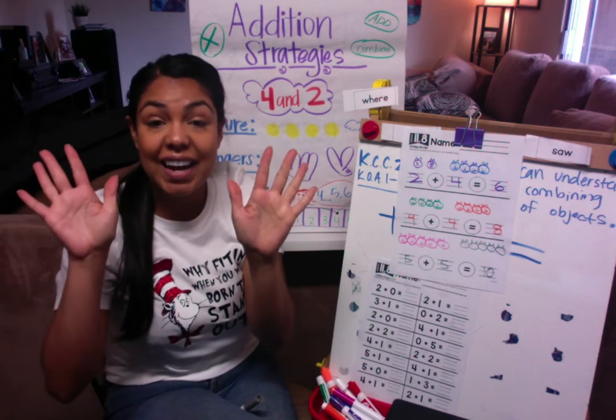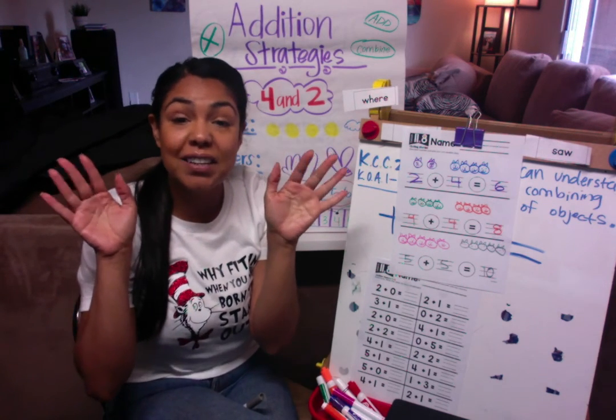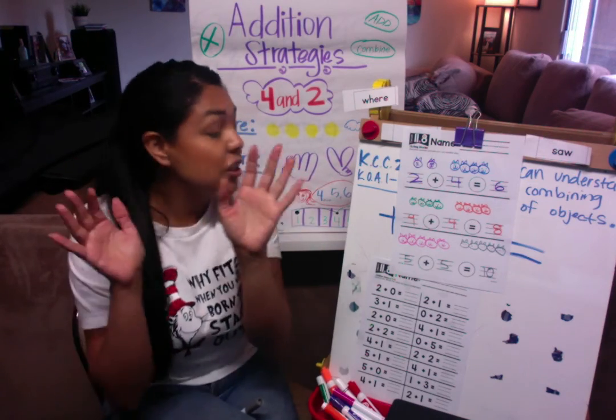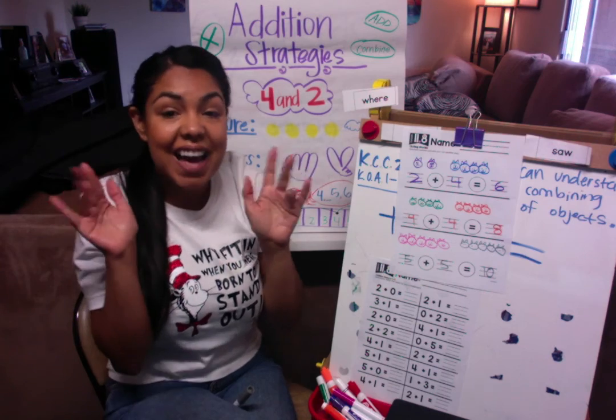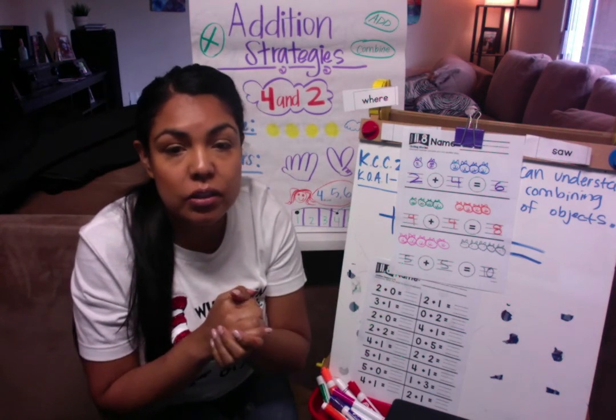Good. So she added using what? Her 10 fingers. Good, Marissa. I love it. So can we use fingers to count, boys and girls? Yes. Good job, Marissa. Yes, we can use our fingers.